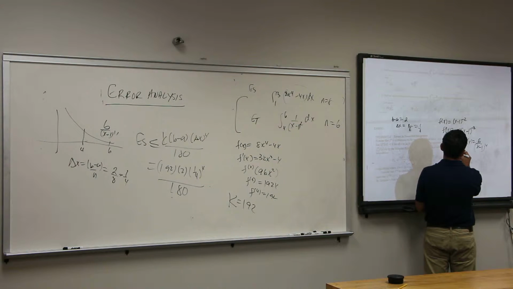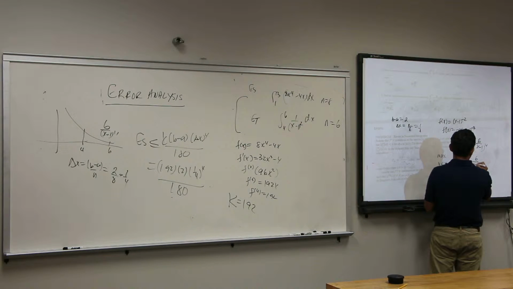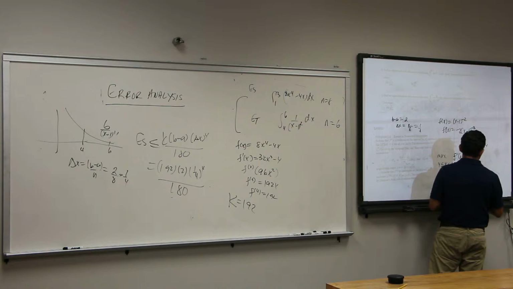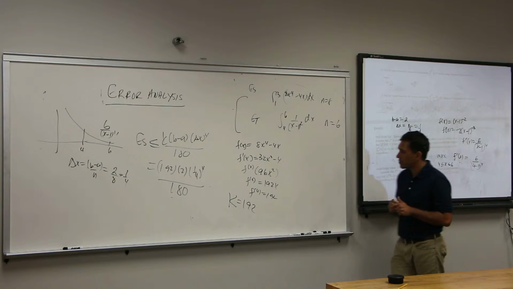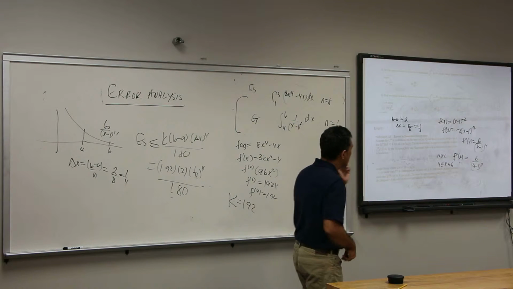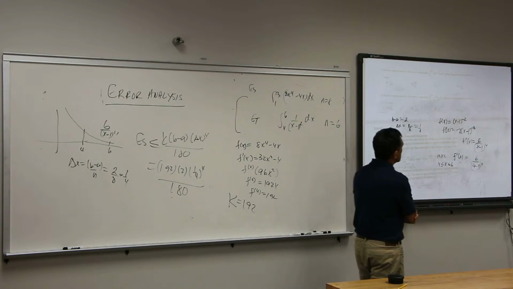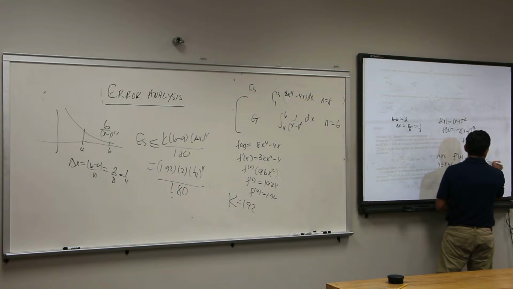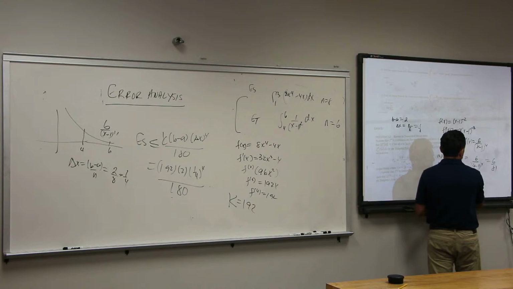Maximum. Which is what? 2 over 27. 6 over 81, which is 2 over 27.